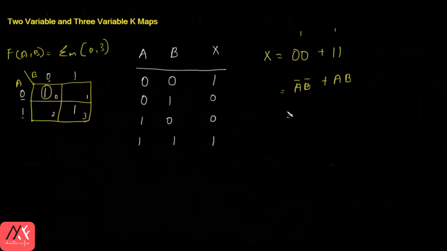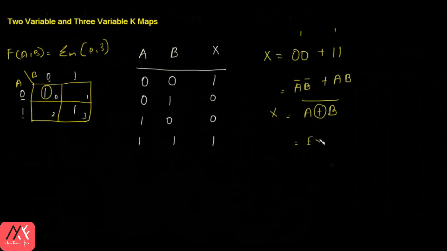Now you can see that this expression is very similar to a very famous logic gate. This expression is nothing but the expression of an exclusive NOR logic gate, right? You can see A XOR B whole bar. If it is A XOR B, it is XOR.